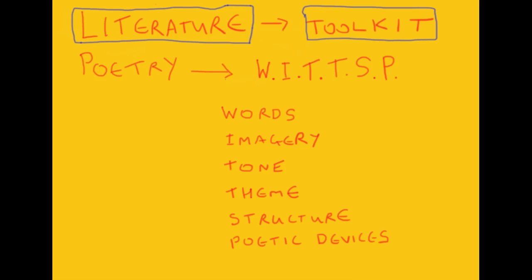I gave the analogy of using a car, the engine, the interior and the body of a car, to understand why a car overall is very attractive. Similarly, we can use the toolkit to understand why literature is attractive.